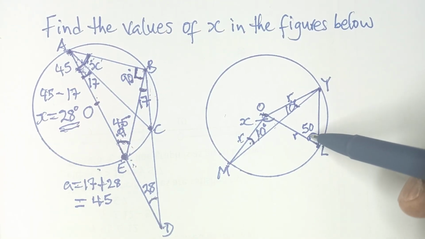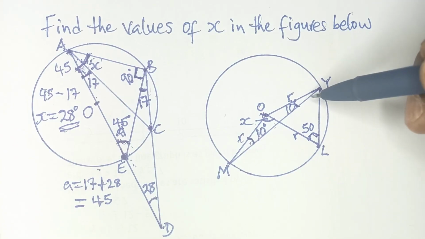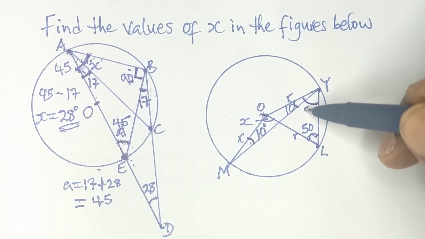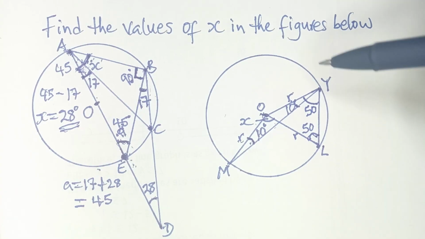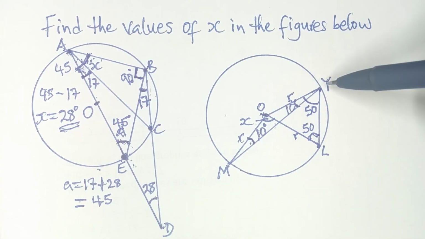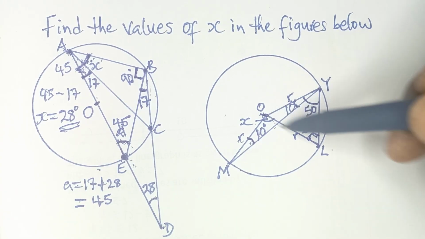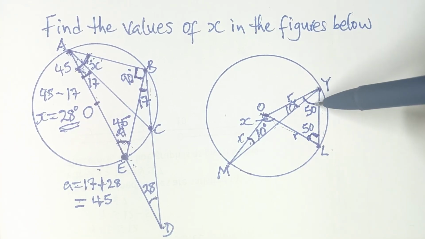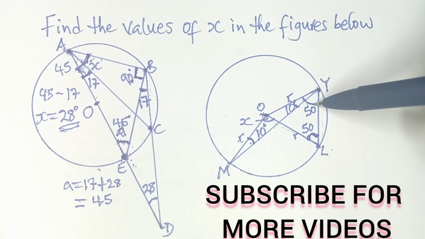So if we have this place as 50, this place will also be 50. The full angle here will be 50. Why? Because the base angles of an isosceles triangle are equal. So this is a radius, this is a radius. So this triangle here is also an isosceles triangle. So that means if this is 50, this side will also be 50 degrees.